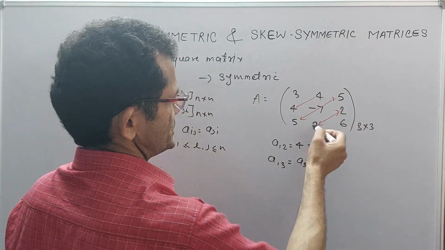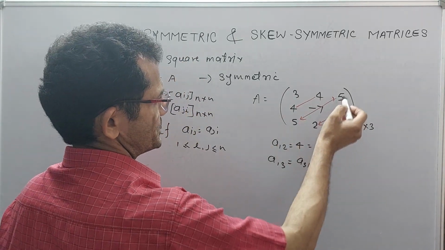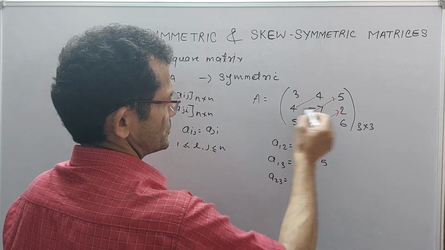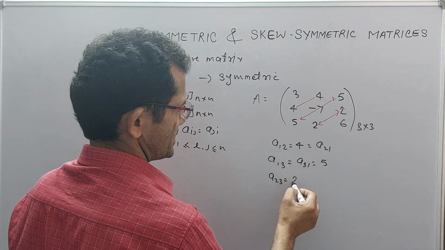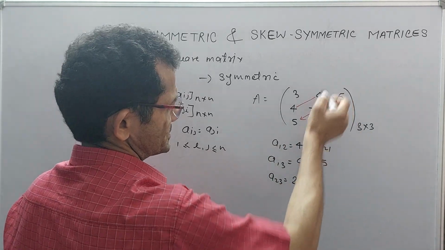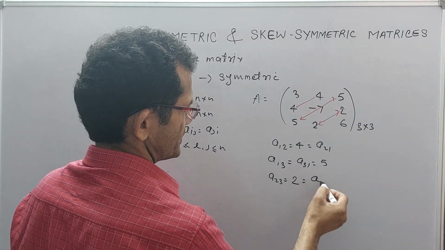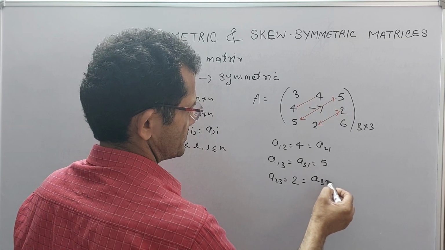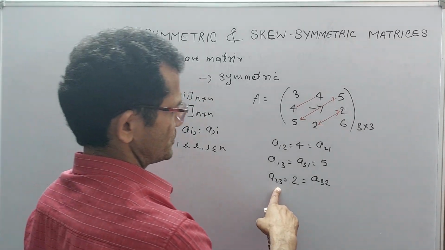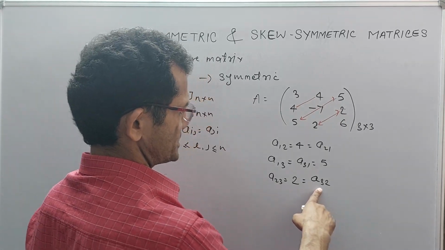So similarly 2 and 2 are the same ones. This is second row, third column, the 2 3 element is 2, and the corresponding element is third row, second column. So here the 2 3 term is equal to the 3 2 term.